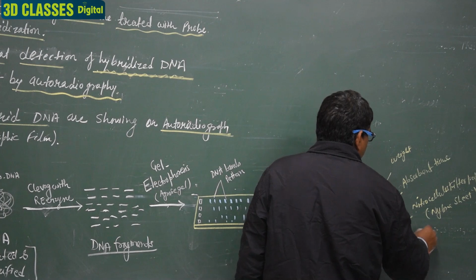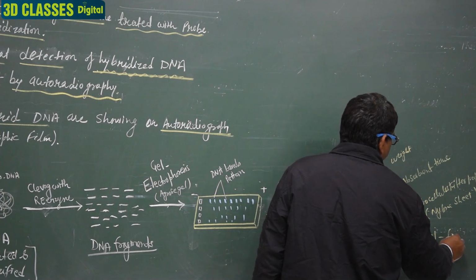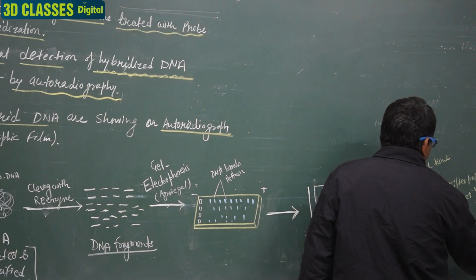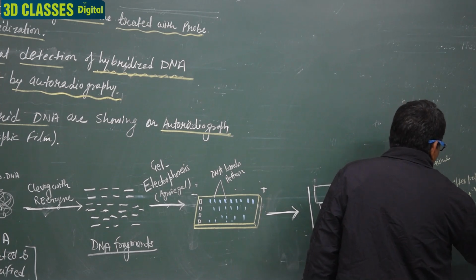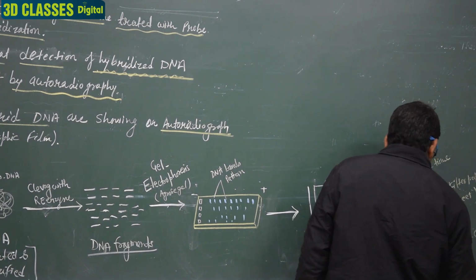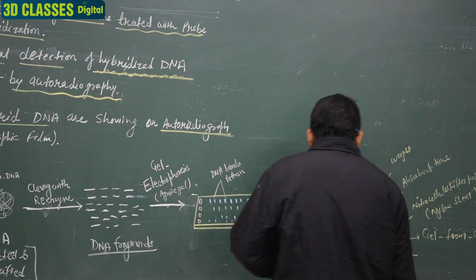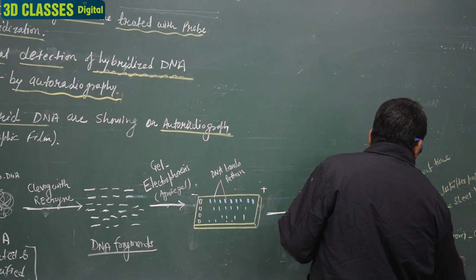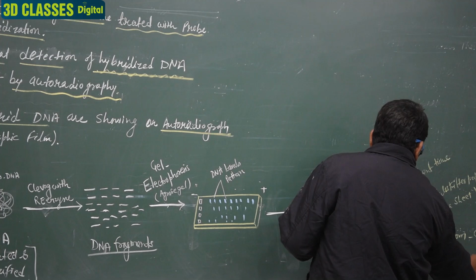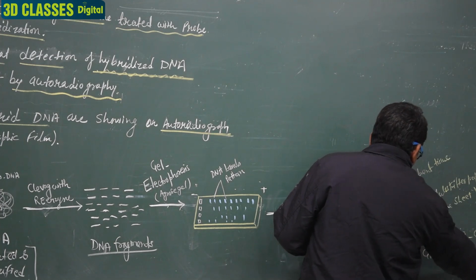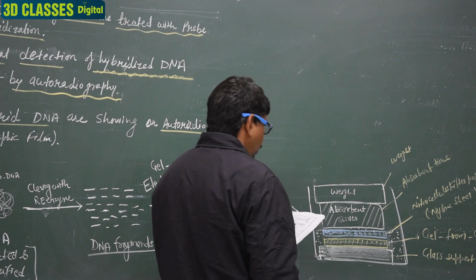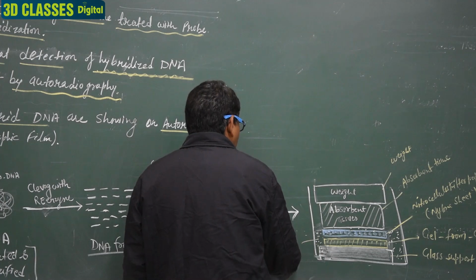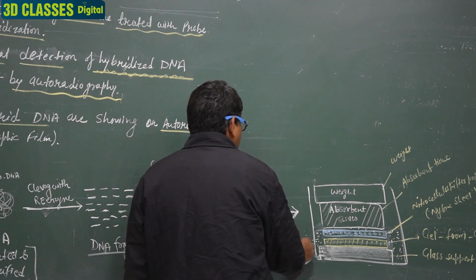This one is the gel, gel electrophoresis. And this one is the glass support plate, and inside is the solution, the alkaline solution.